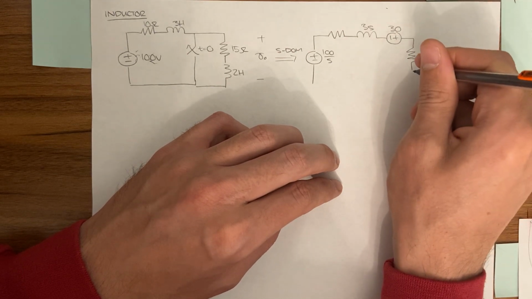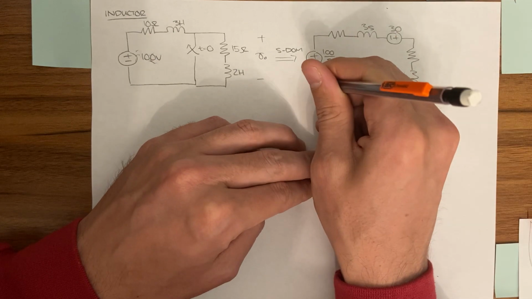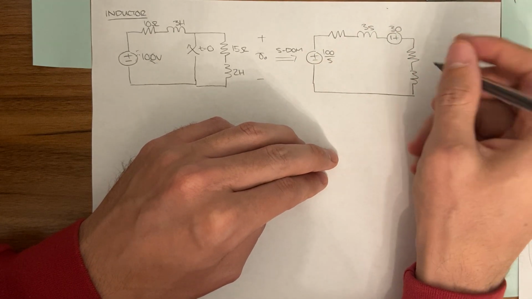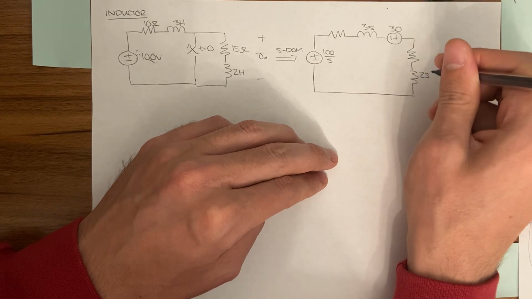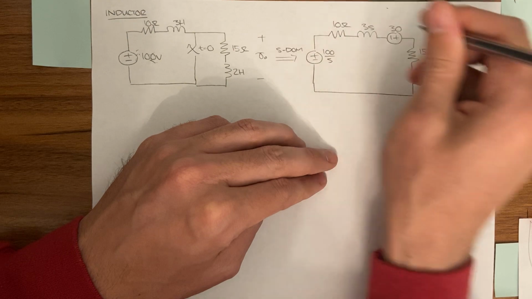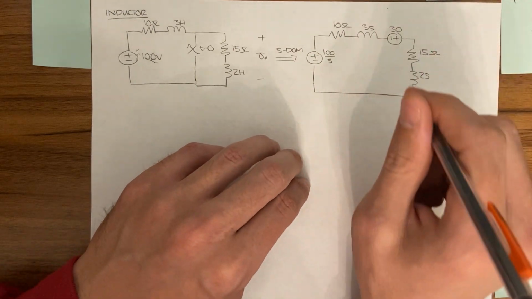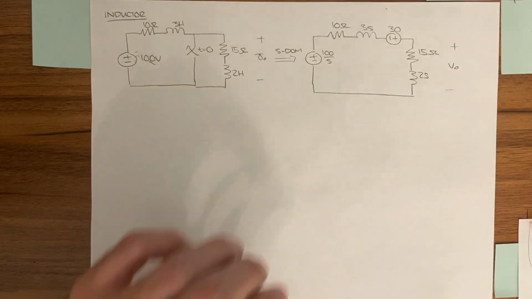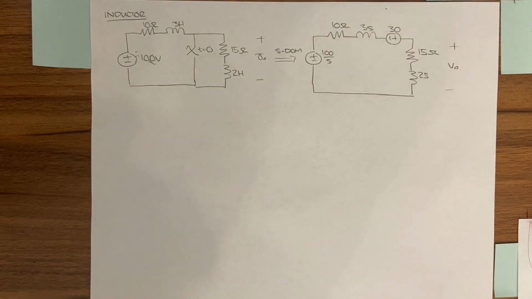The other inductor did not have an initial current going through it, so we don't have to include a source for that. This is 10. Okay, so we can just solve for V out at this point.